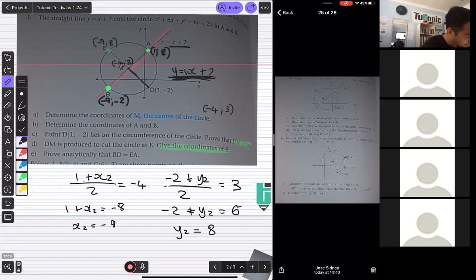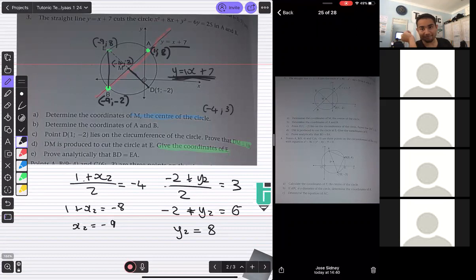So what can you guys tell me about the line EB? It's vertical.